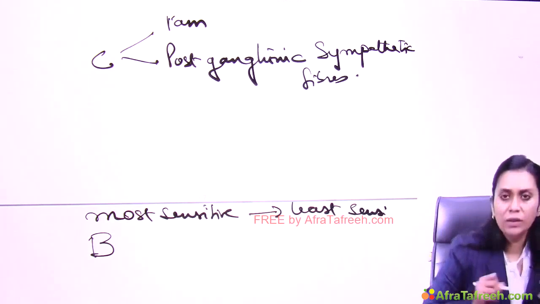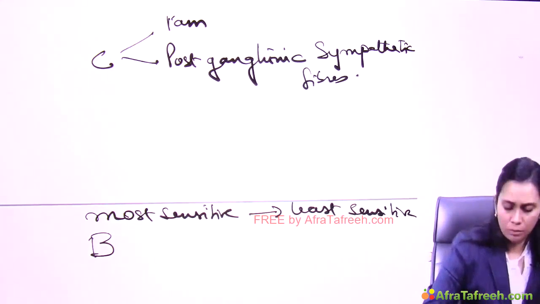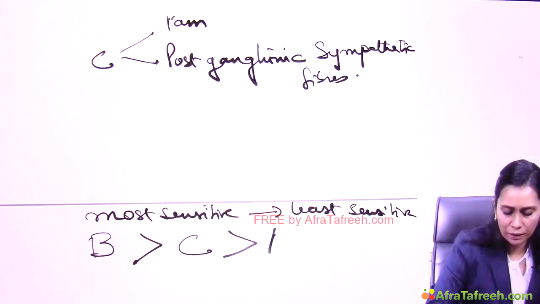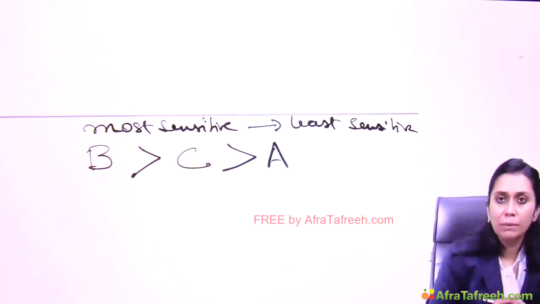Right? We are going most sensitive to least sensitive. Okay. B fibers are most sensitive to the effect of local anesthetic, then C, then A. Now you may find it written in some books C fibers, then B fibers and then A fibers. Actually, that was a thing of the past. The recent studies and research have shown, and clinically also we see that B fibers are blocked first.